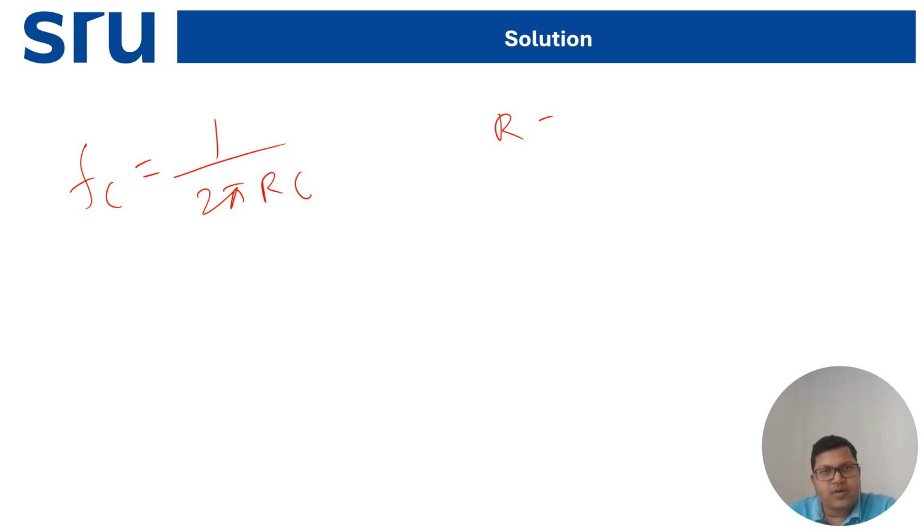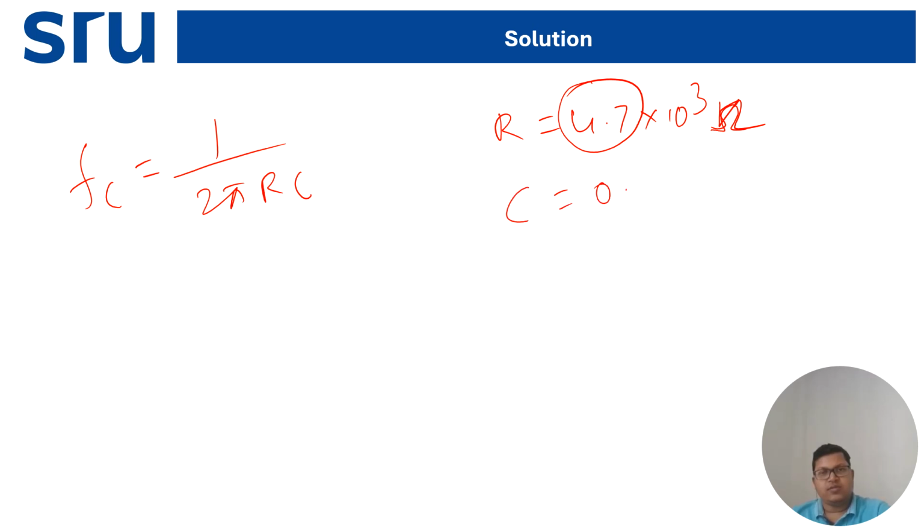Here the value of R is given as 4.7 kilo ohm, so we convert it and find that it is 4.7 into 10 to the power 3 ohm, and the C value is given as 0.015 microfarad, so that becomes 0.015 into 10 to the power minus 6 farad.